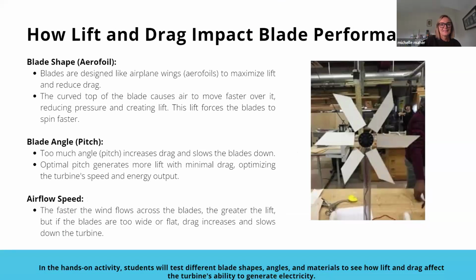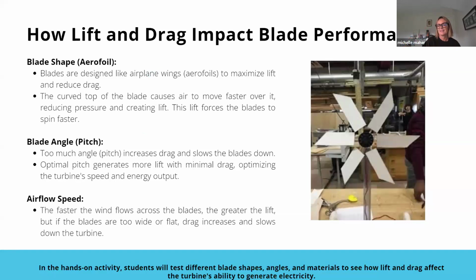So sorry, I'll go back to this now. What we're looking at is the blade shape, the angle, and the speed. The shape we talked about is to maximize the airflow over it. So is the rectangular shape good? Is it better to have them pointed a little bit at the end, or wider at the end?